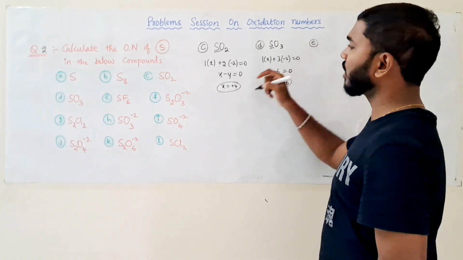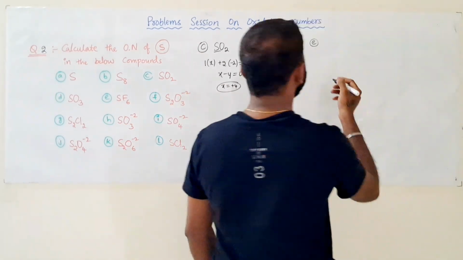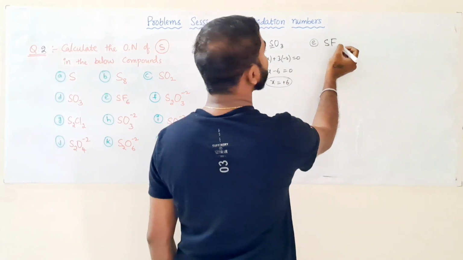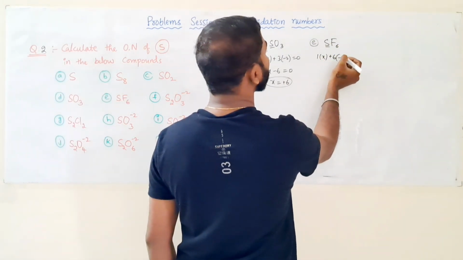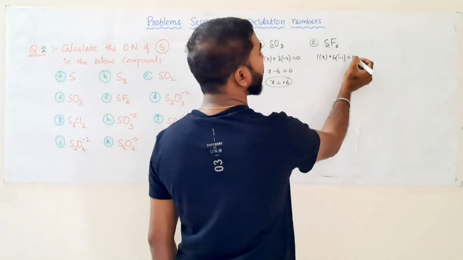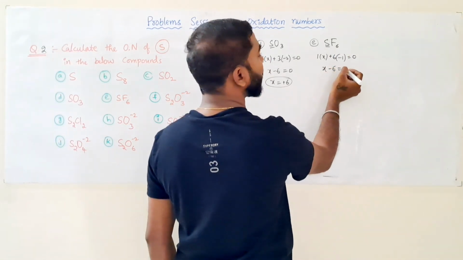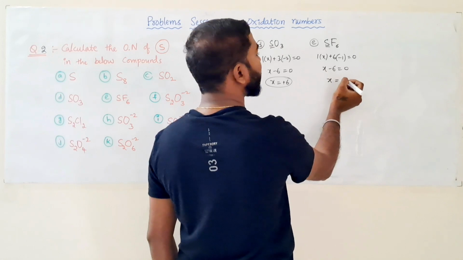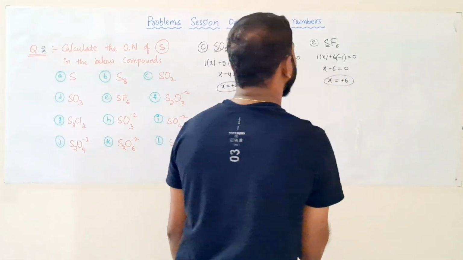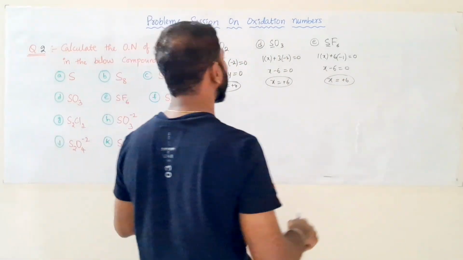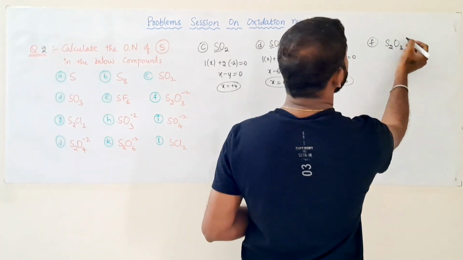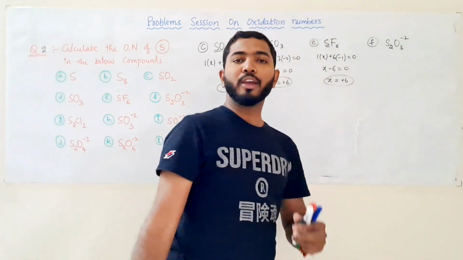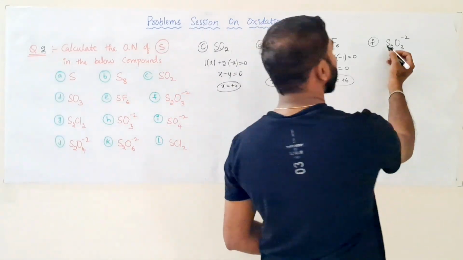And then next we have sulfur hexafluoride, that is SF6. So that is 1 into X plus 6 into minus 1 for each fluorine, equal to 0. X minus 6 equal to 0, and then X equal to plus 6 again. And then next let's move to S2O3 2-, that is called the thiosulfate ion.